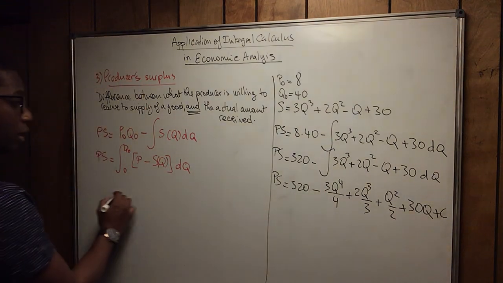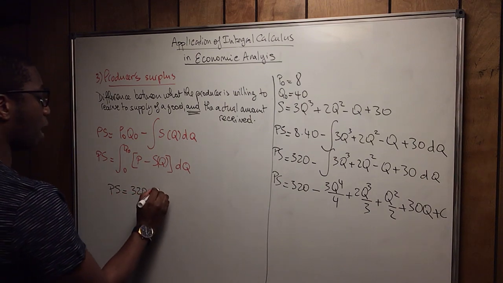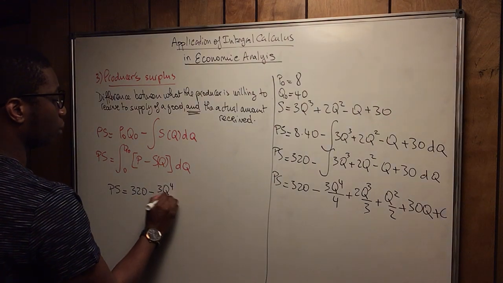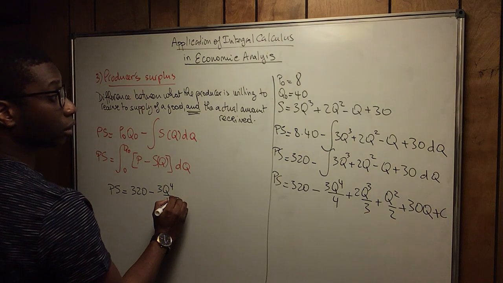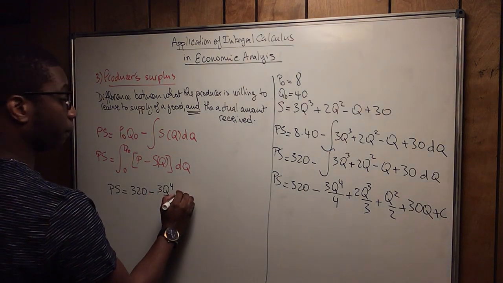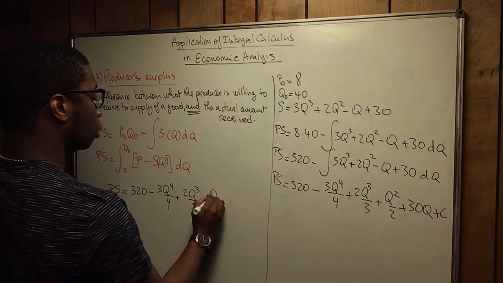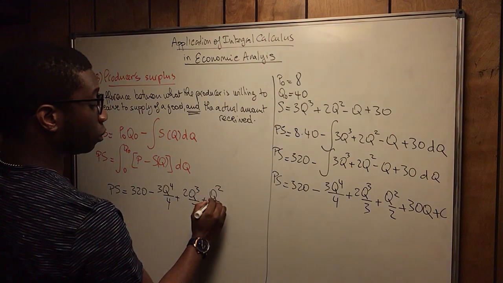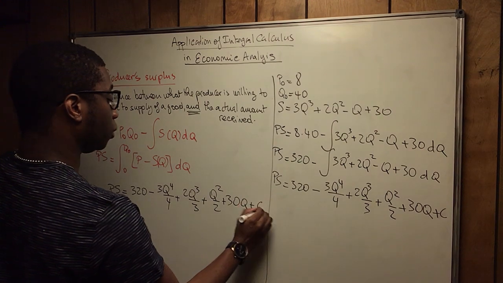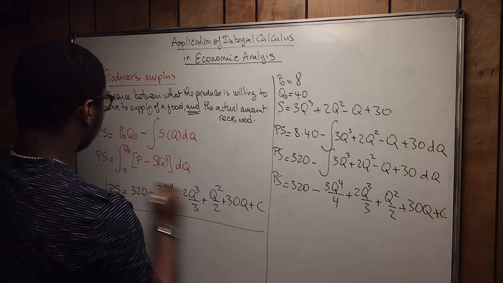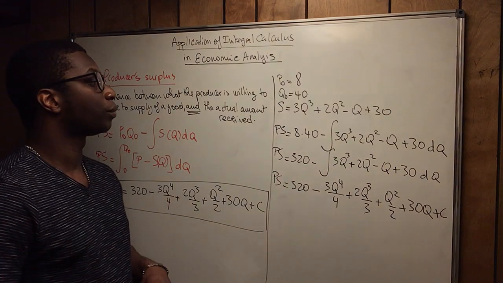So I can even write it here again. PS is going to equal 320 minus 3q to the fourth power over 4 plus 2q to the third power over 3 minus q squared over 2 plus 30q plus C. This is the producer surplus function.